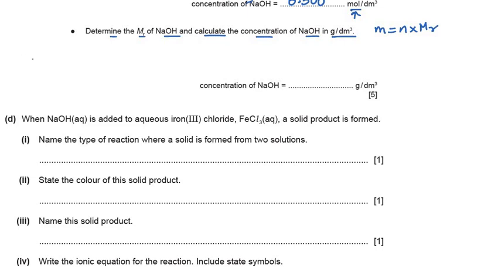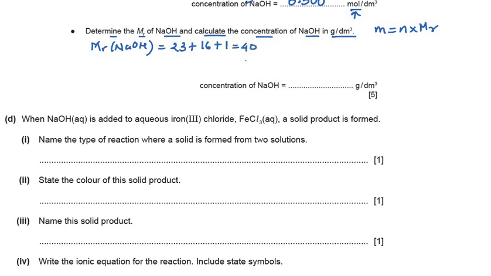So what we are going to do is calculate the MR of NaOH. That's what they have written first. The MR of NaOH calculated should be 40, but let me show you the calculation here because sodium carries the atomic mass of 23, plus oxygen is 16 and plus hydrogen is 1, that ends up with 40.